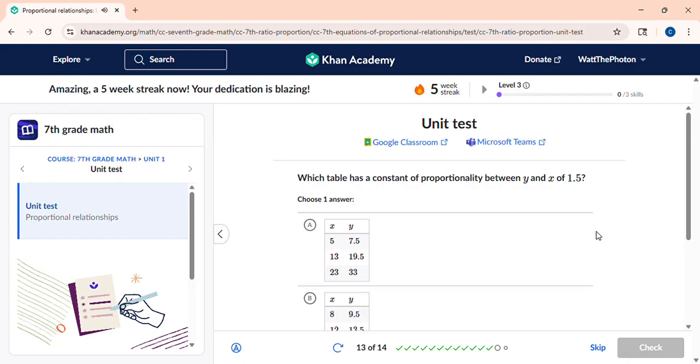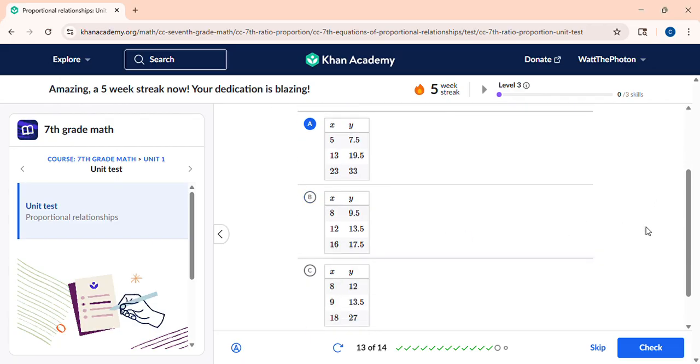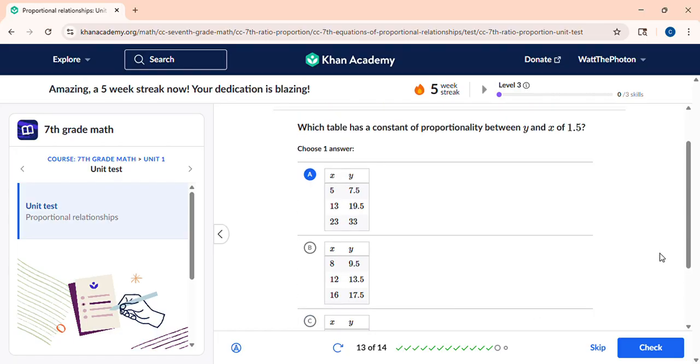Oh, 2 questions. Help us. Which table has a constant of proportionality between y and x of 1.5? So y and x.